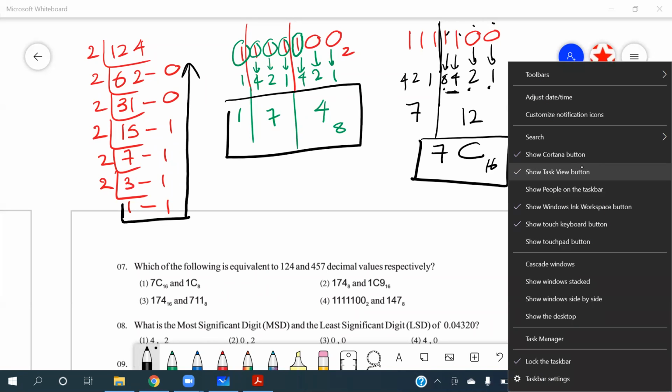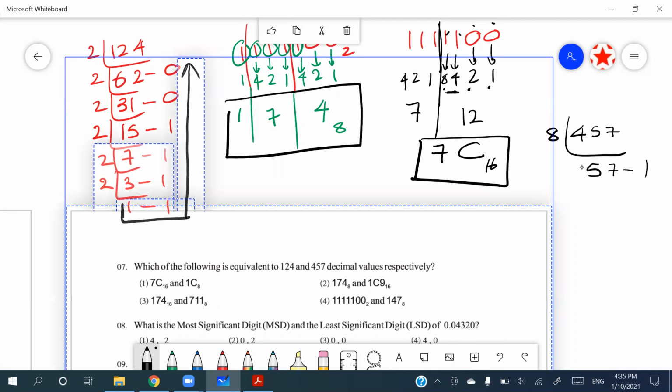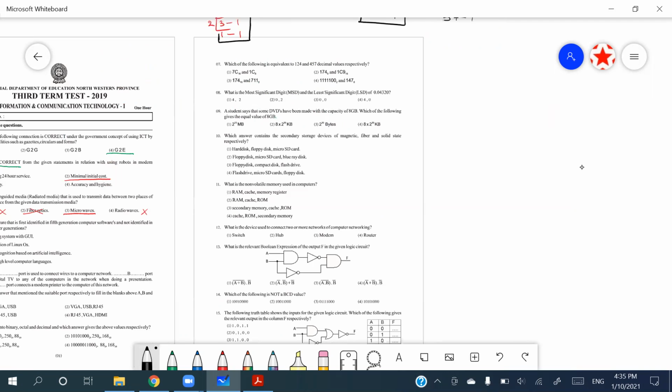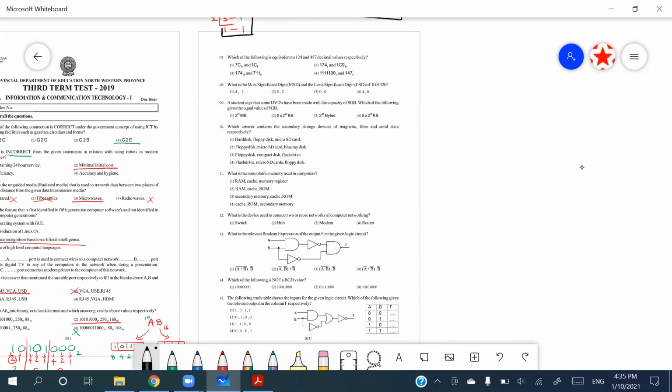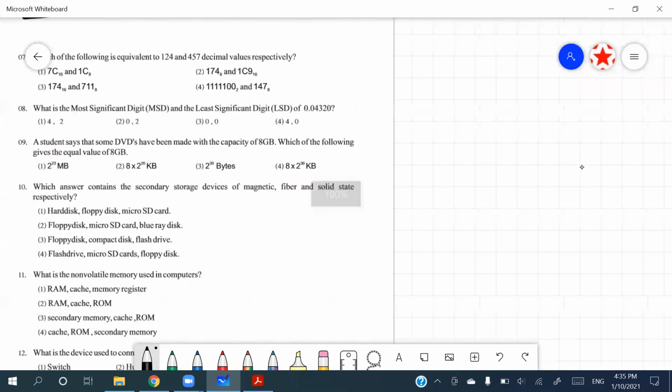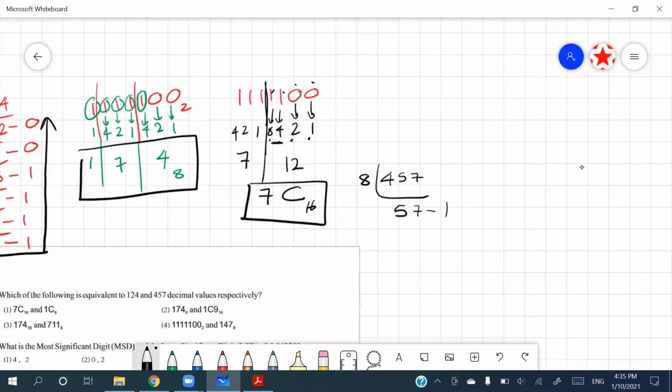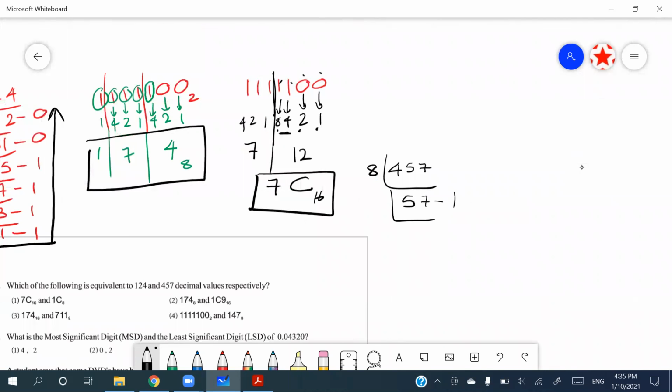Only 1 is remaining. 57 is not less than 8, so we divide by 8, and 7 and 1 are remaining.